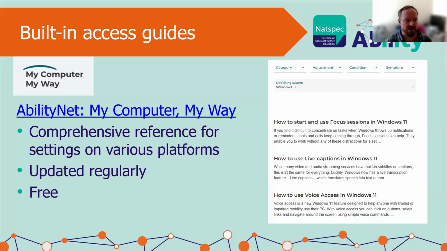I'd like to refer to one link in particular, to help you if there's any particular setting that you want to look at. AbilityNet My Computer My Way has a resource where you can select the category, the adjustment, the condition, the symptom, the operating system, and you can narrow down what platform you want to look at in terms of accessibility options.